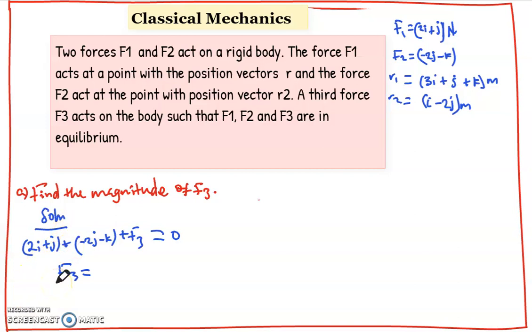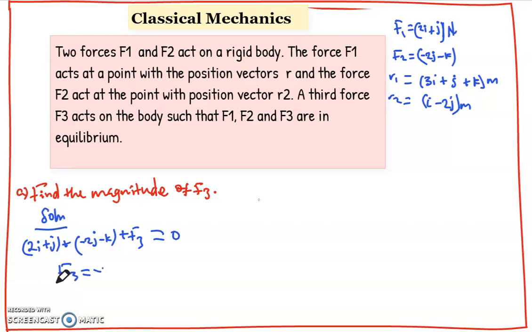So therefore, making F3 the subject, it means that we need to take this component of i, j, k to the other side. And if we do that, we will simply have negative 2i, because we have 2i, and when this positive crosses to this side, it becomes negative.